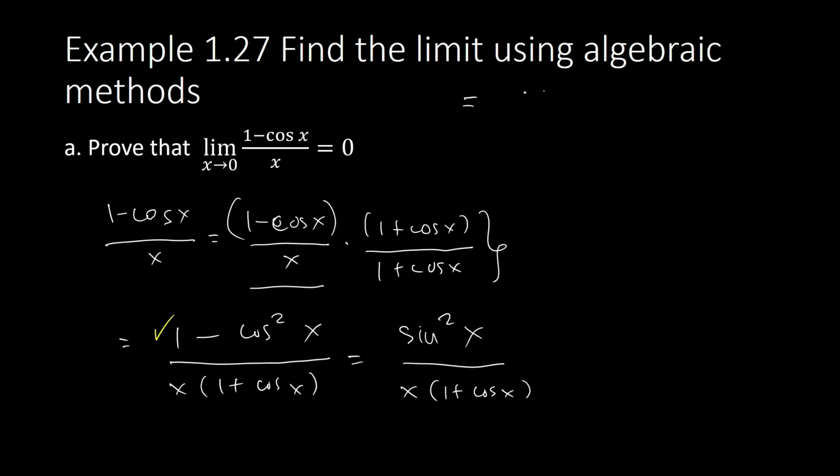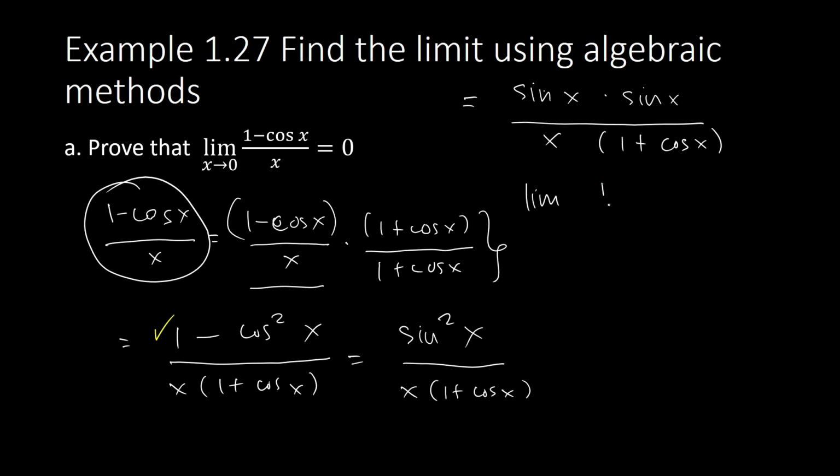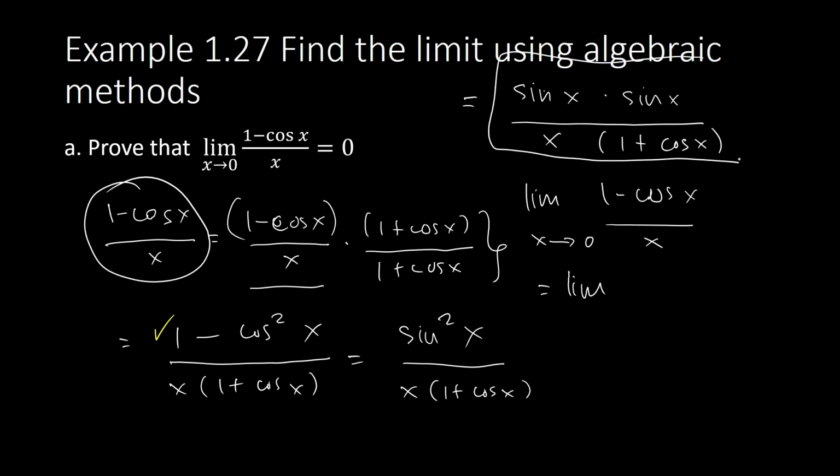The square of sine of x is just sine of x times sine of x. Finding the limit of our original function, 1 minus cosine of x divided by x as x approaches 0, is the same as finding the limit of this function as x approaches 0.